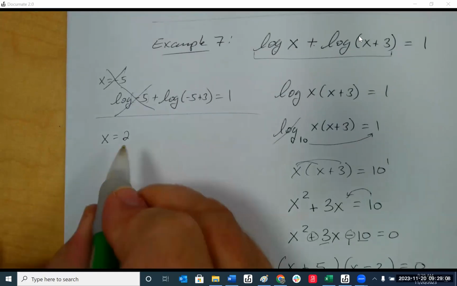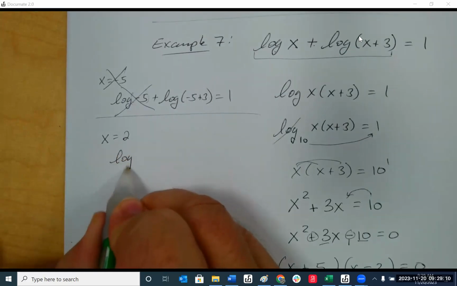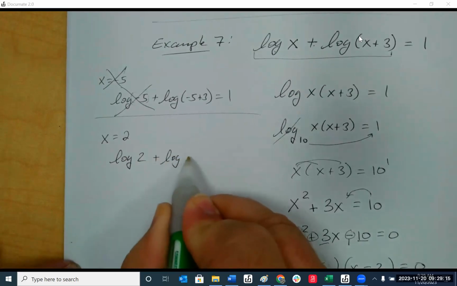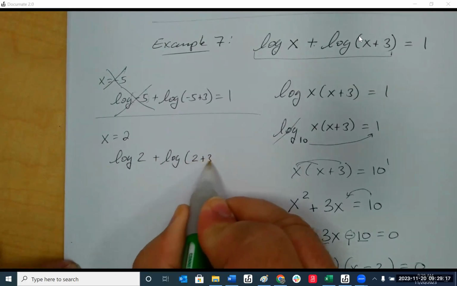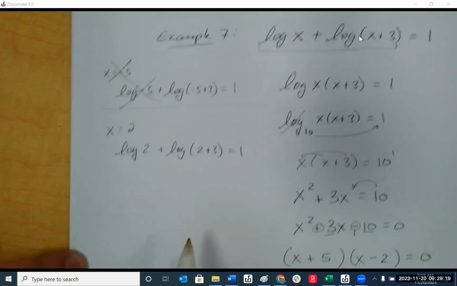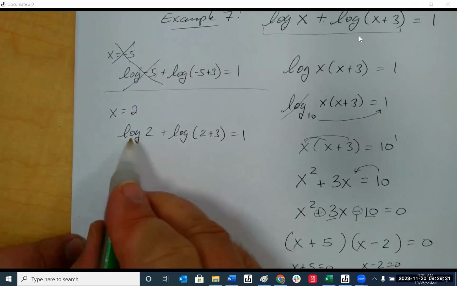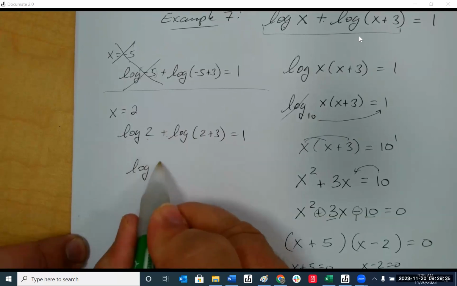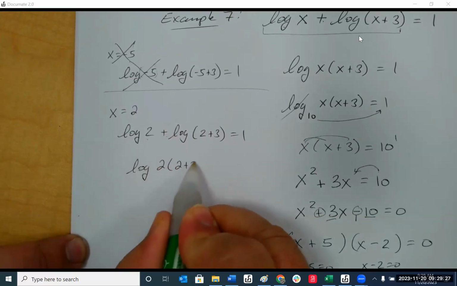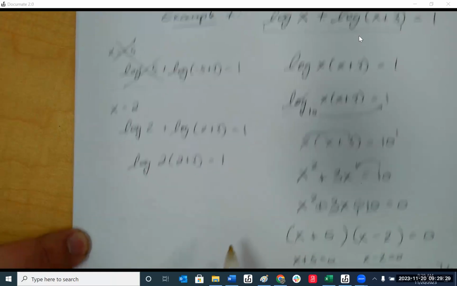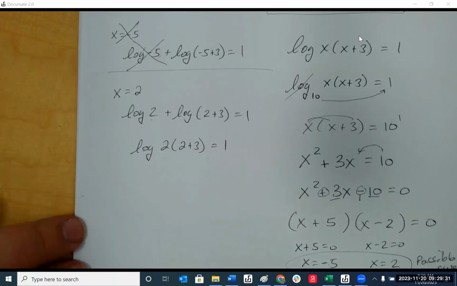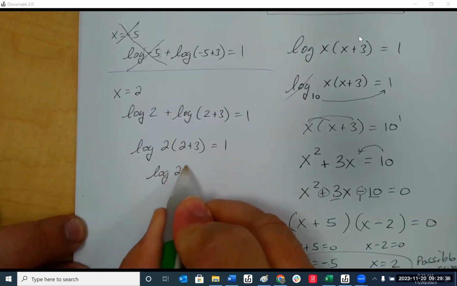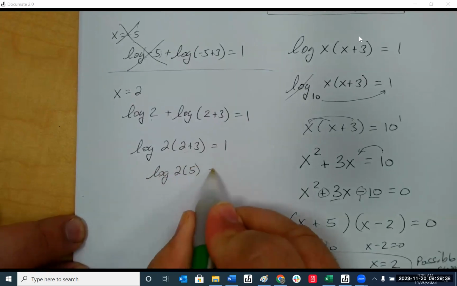Let's see it when x equals 2. Log of 2 plus log of 2 plus 3. Since it's a plus, we can multiply them. Two plus 3 is 5.